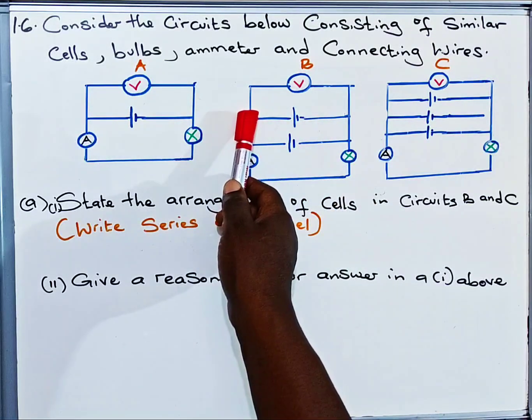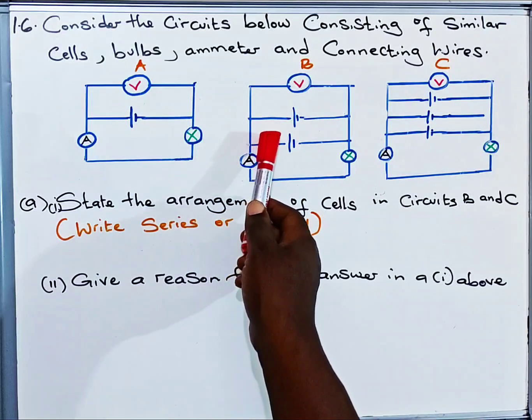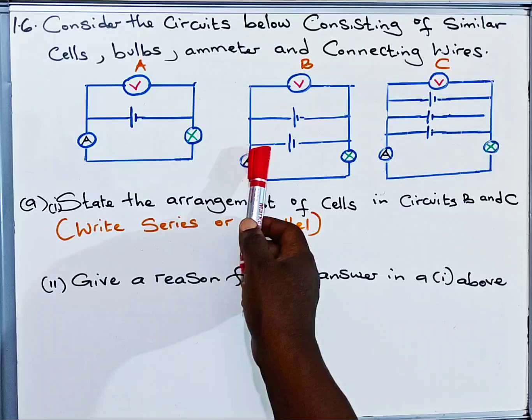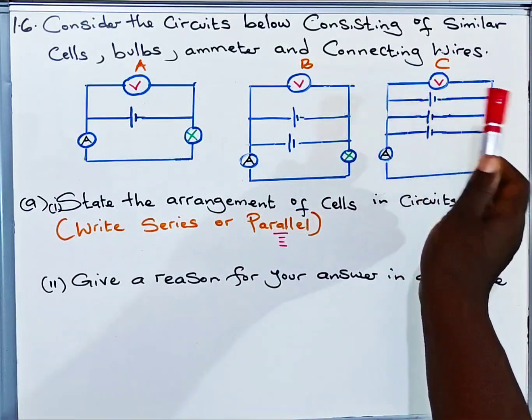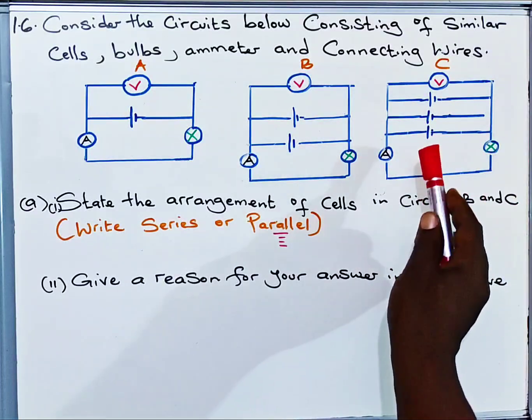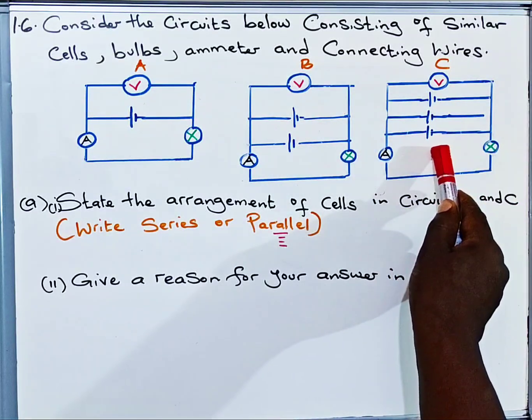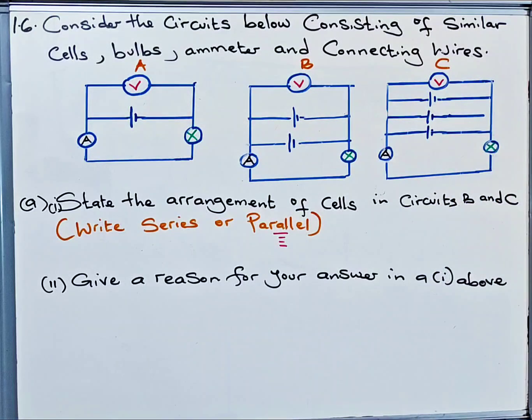The current reaches here and it divides. Some passes into that, some passes here. The same applies here. There is this alternative path. So in a situation where different paths are provided for the flow of current, that arrangement is called parallel.